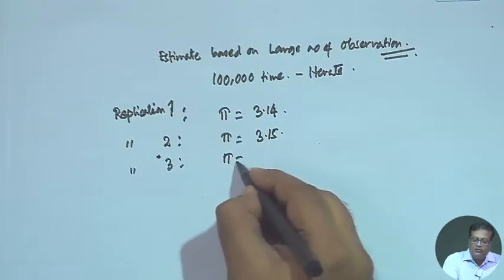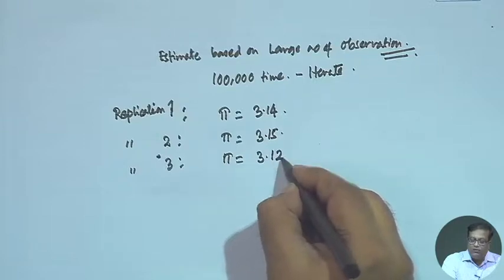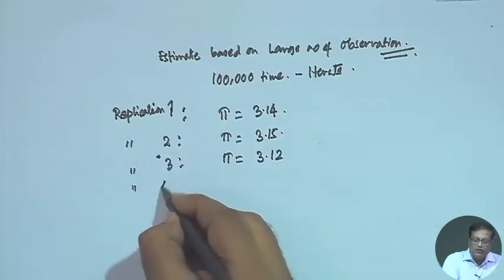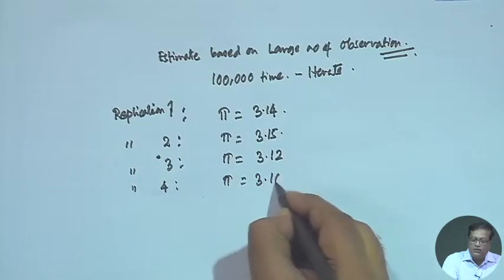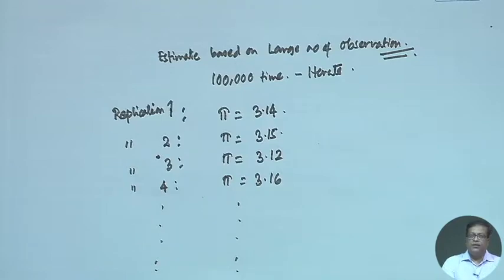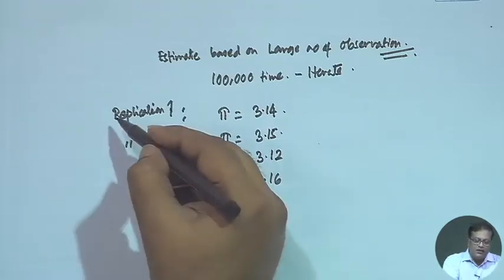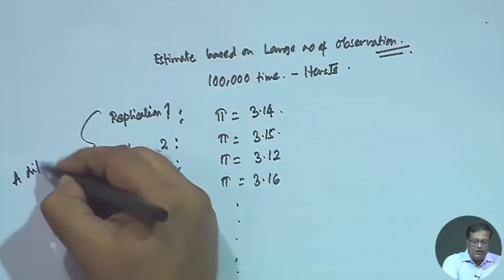Maybe this time you get pi equal to 3.12. Do it again, maybe you will get 3.16. So, like this, do it for a number of replications, at each replication using a different set of random numbers.